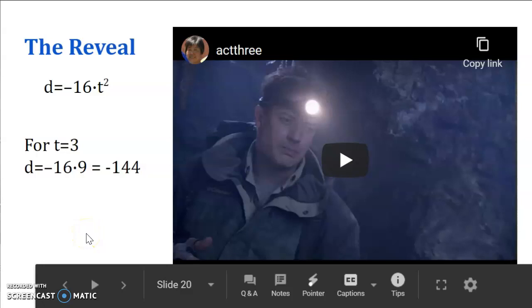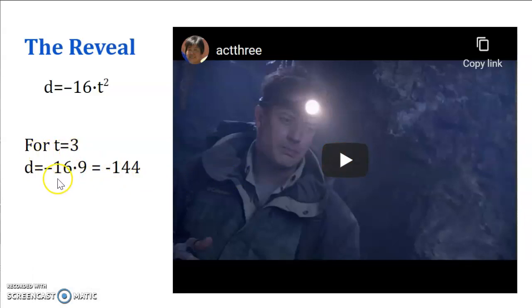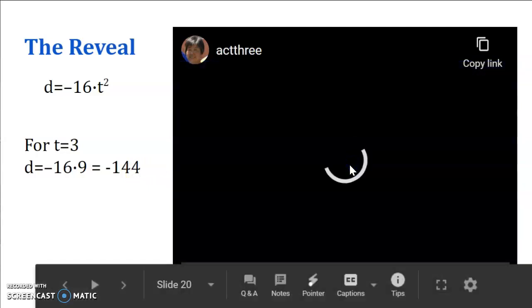Let's review what the actor said in the movie. We are saying that for 3 seconds he would have traveled negative 144 feet. So we think the depth is negative 144. What did he say?